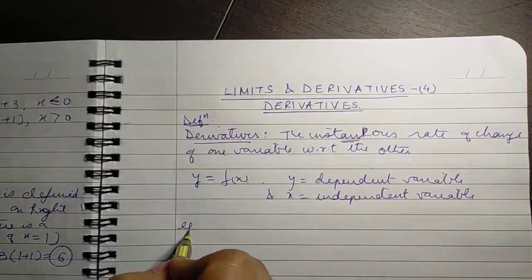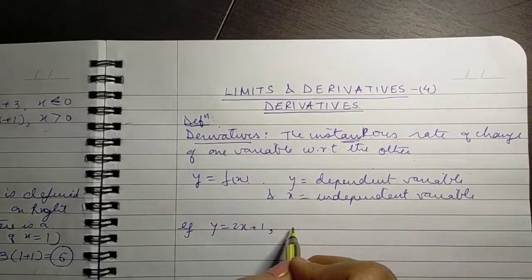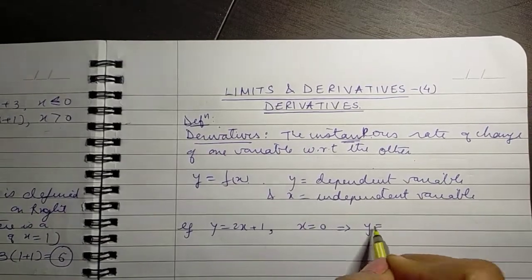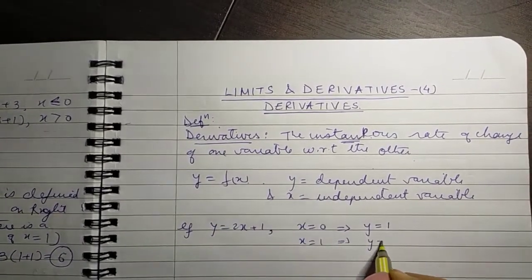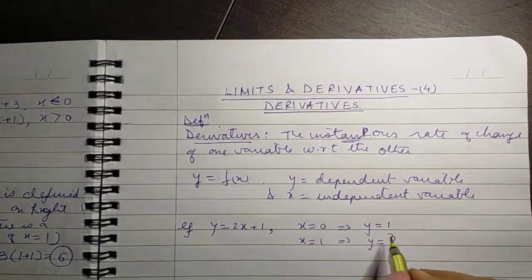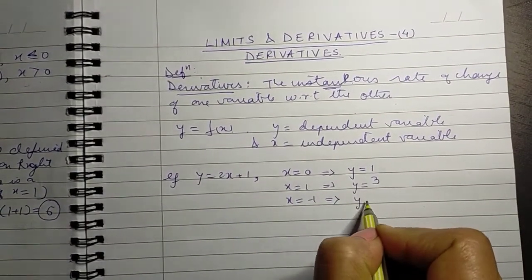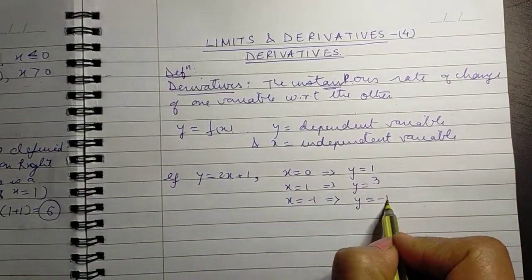Like for example, if y equal to 2x plus 1, then if you give x equal to 0 it corresponds to y equal to 1. x equal to 1 corresponds to y equal to 2 into 1, that is 2 plus 1, that is 3. Similarly, x equal to minus 1 corresponds to y equal to minus 2 plus 1, that is minus 1.